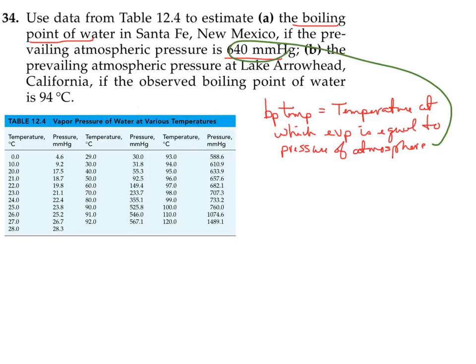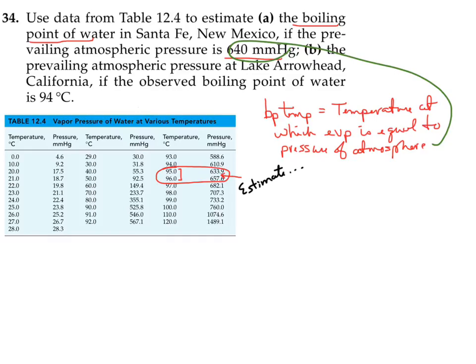You guys know if you go up or down in elevation, the atmospheric pressure changes. So as you go up in elevation, the pressure decreases. So instead of being 760 millimeters of mercury, you're looking at 640 millimeters of mercury here. Again, what would be the boiling point temperature of water at that higher elevation, that lower pressure?